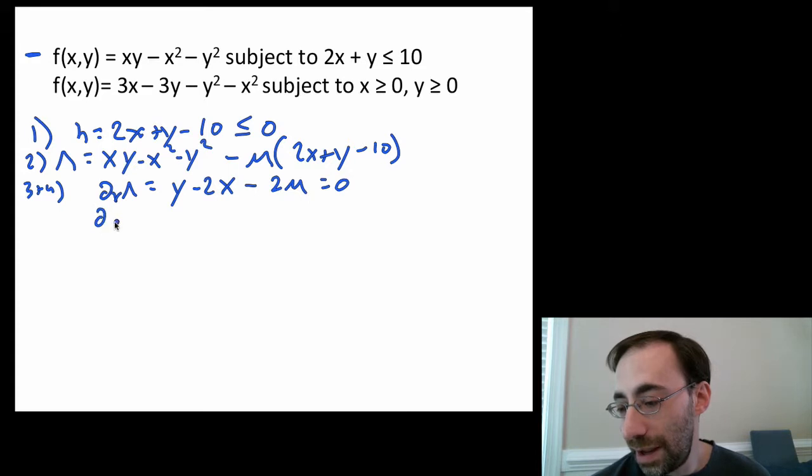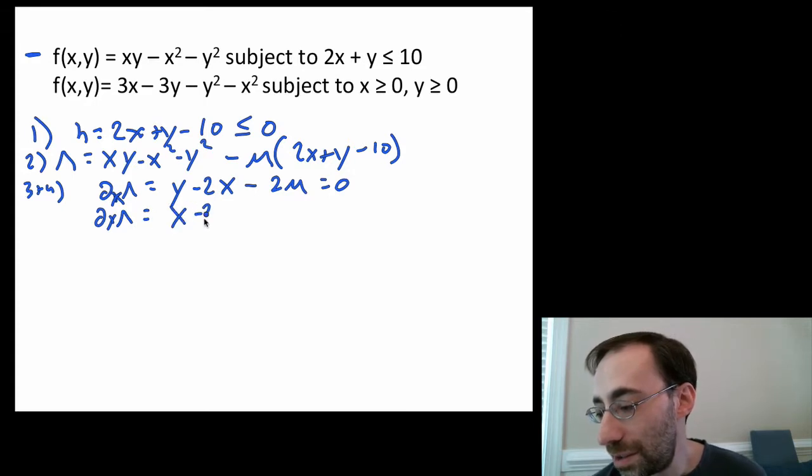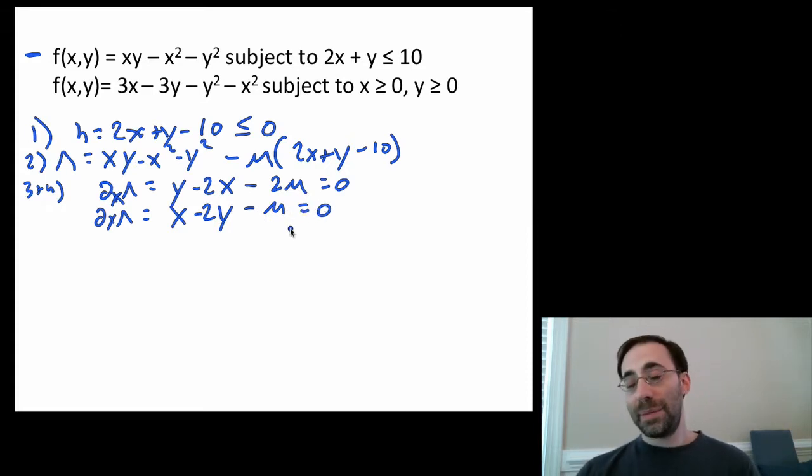Next, that's an x by the way, there's a y. We're going to have x minus 2y, and then minus just mu, equals 0. Those are the conditions that come from the differentiation.